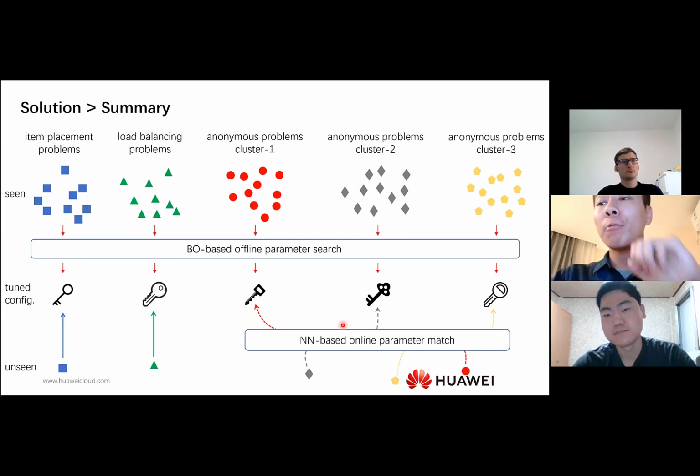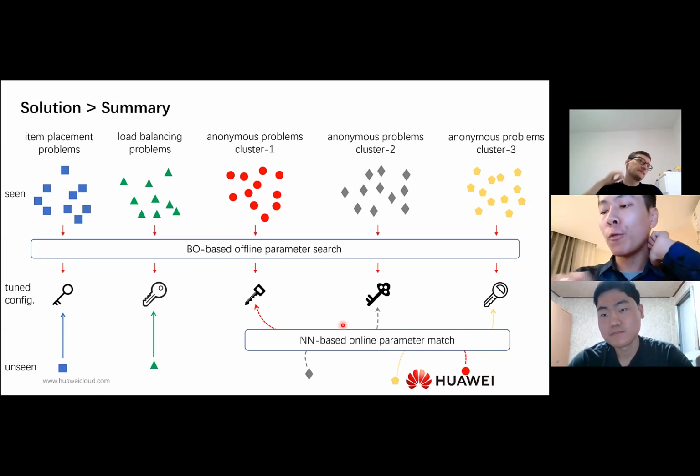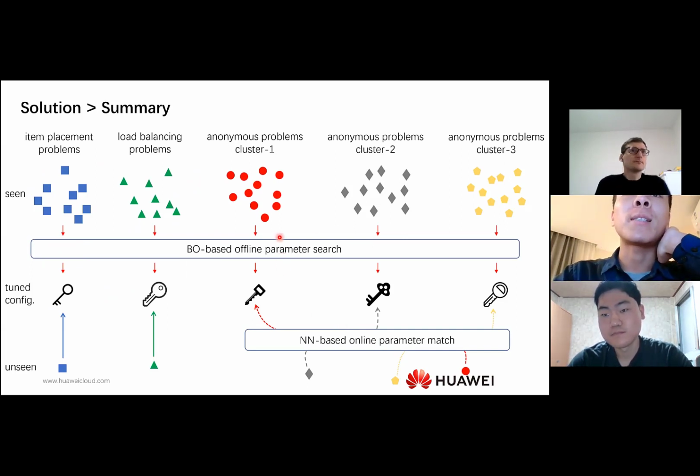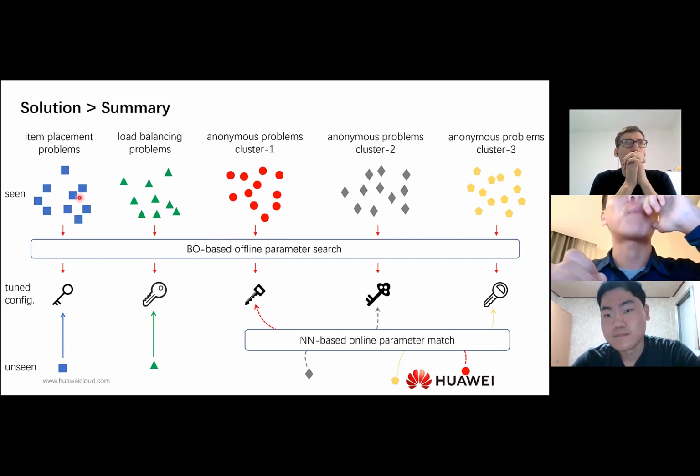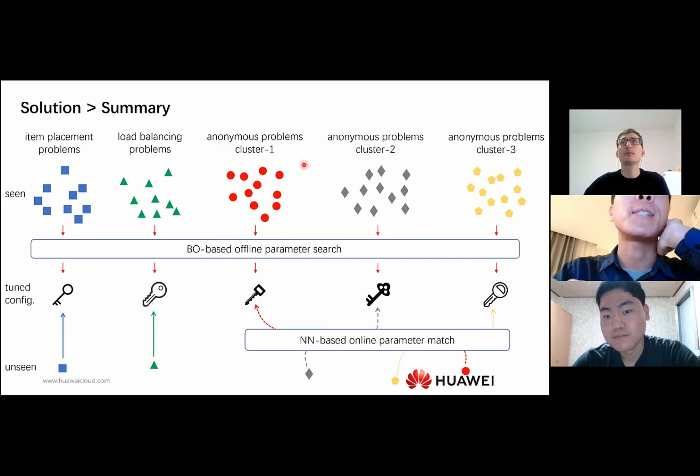Finally, we summarize the overall framework of our solution. For offline work, we choose 5 parameter configurations for different problem categories.